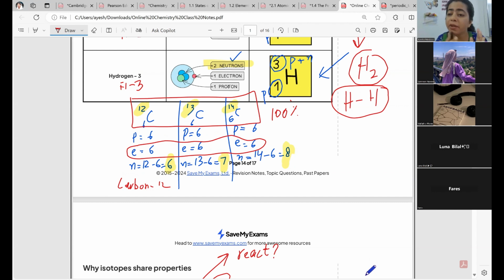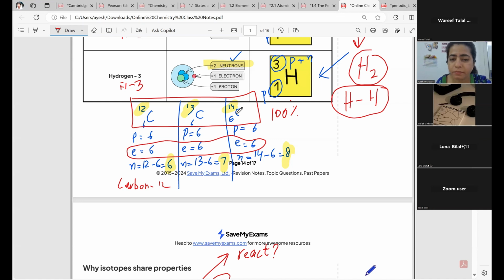Some isotopes will be in a higher percentage, some in a lower percentage. Maybe one is 90%, the other is 9%, and the third is only 1%. Total will be 100%. Because their percentage is different and their mass is also different, we need the percentage and the mass to find the average.